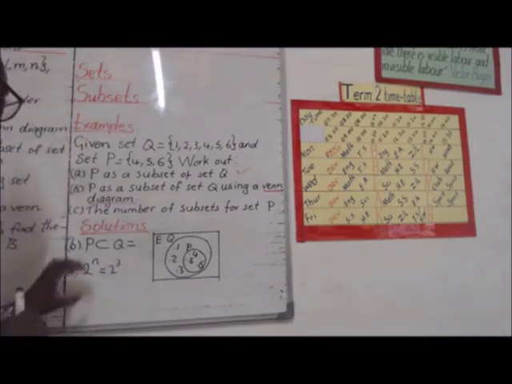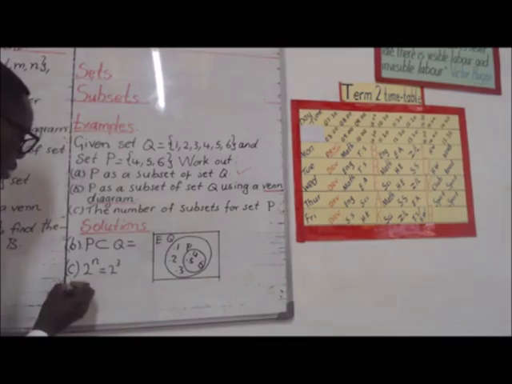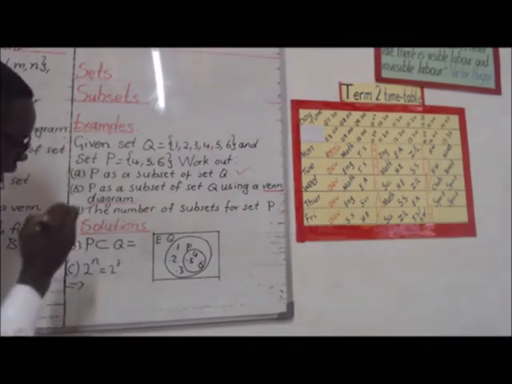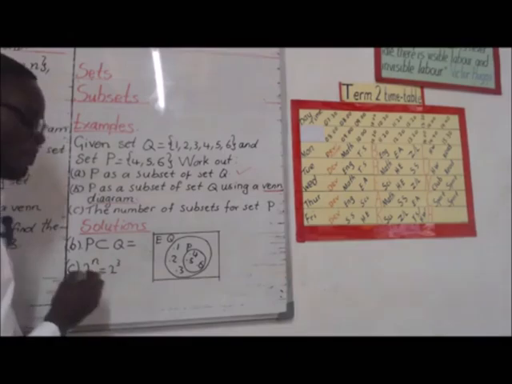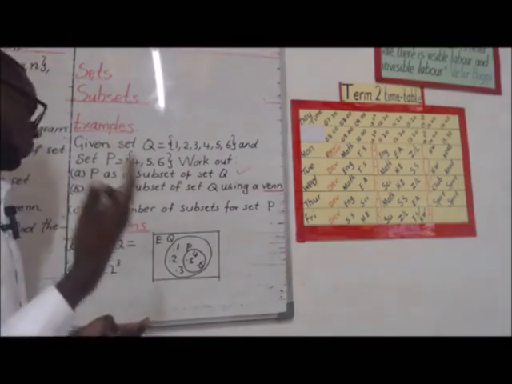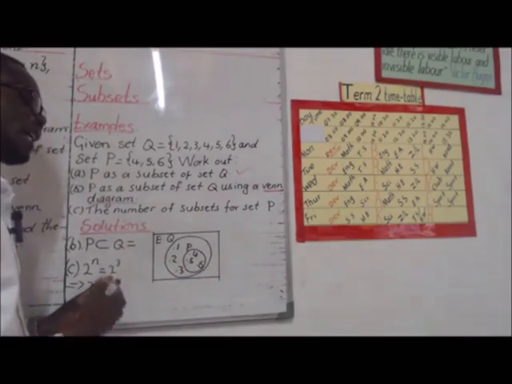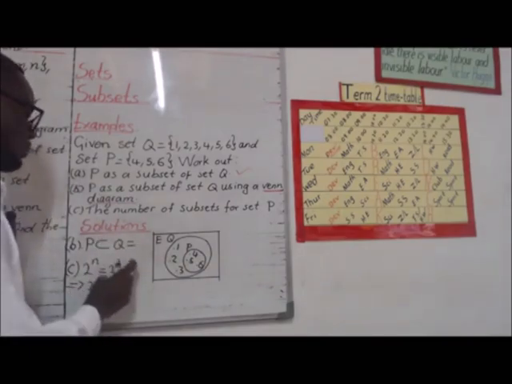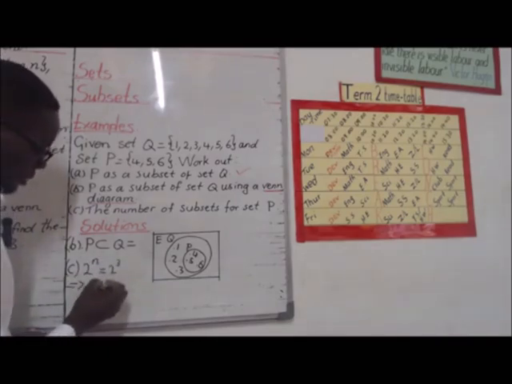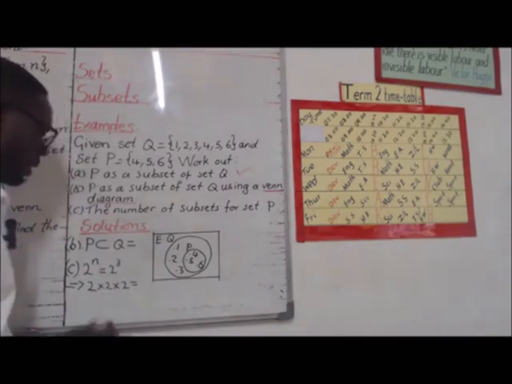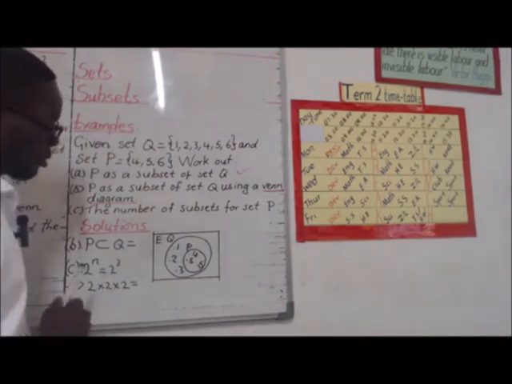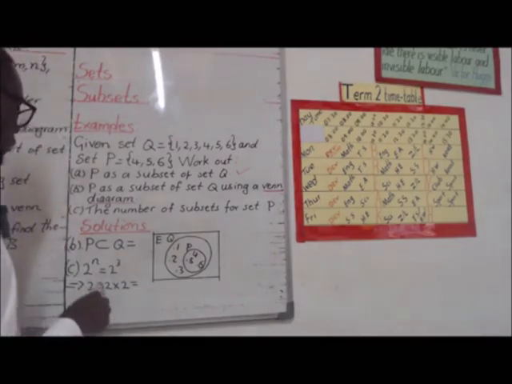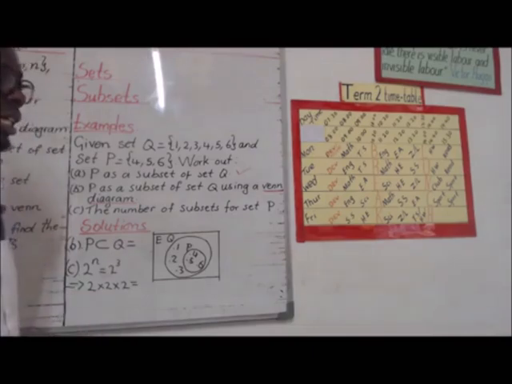So 2 to the power 3 simply means 2 multiplied by itself 3 times. When we multiply, 2 multiplied by 2 is 4, and 4 multiplied by 2 is 8.